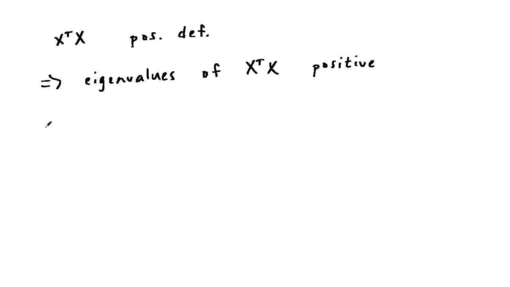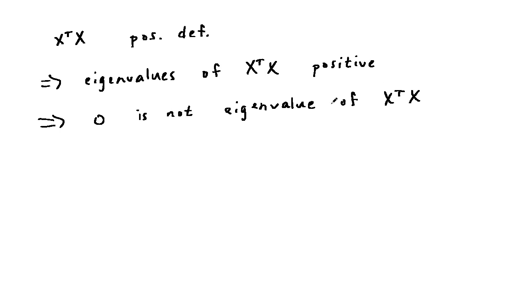So 0 is not an eigenvalue of X transpose X. It follows that X transpose X is invertible.